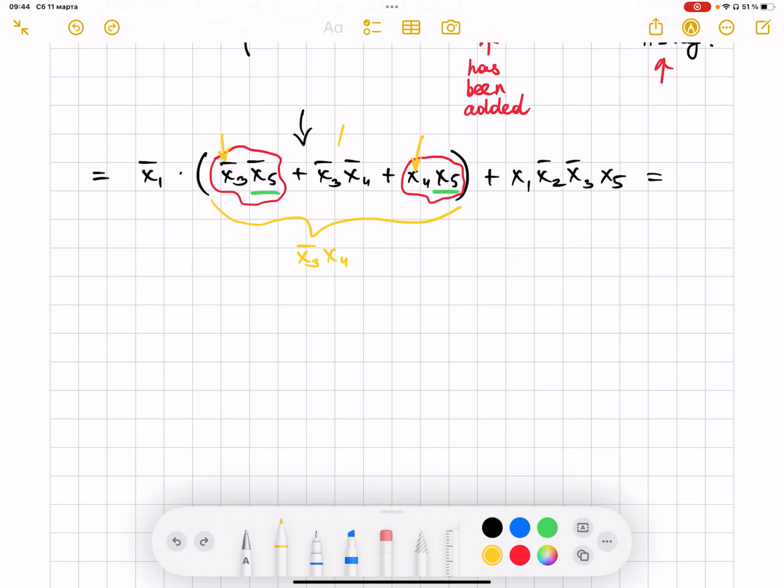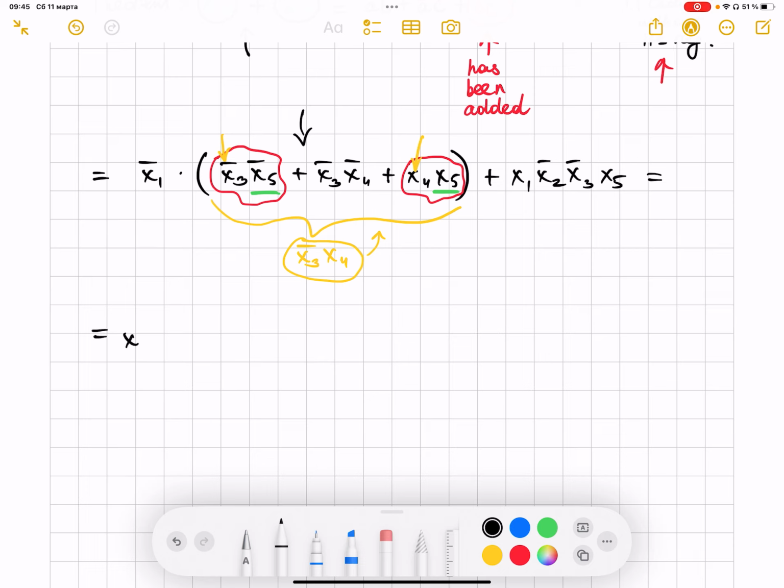Just take two or three elements and find out which input has its negation form, and take only the others. Here x5 has its negation, so we don't take it. Take the others and put them together as one element, and add it to this sequence of elements. So let's add this one.